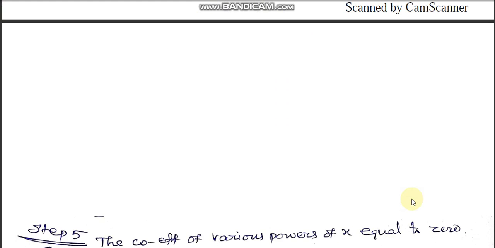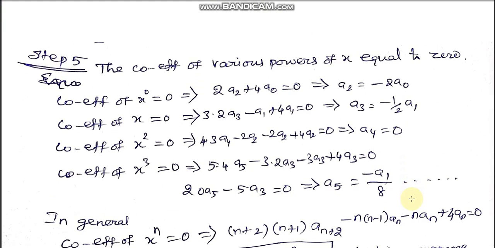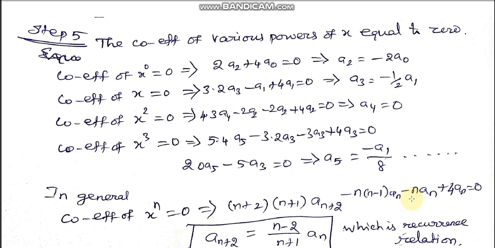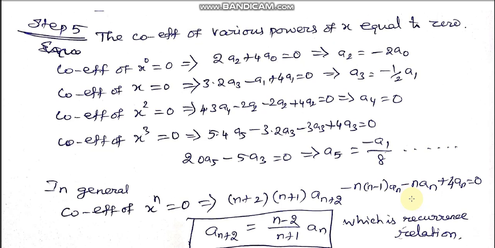Equating the coefficient of x power 0 gives the a2 value in terms of a0. Coefficient of x gives the a3 value in terms of a1. Coefficient of x square equal to 0 gives a4 equal to 0. The coefficient of x cube equal to 0 gives a5 in terms of a1.